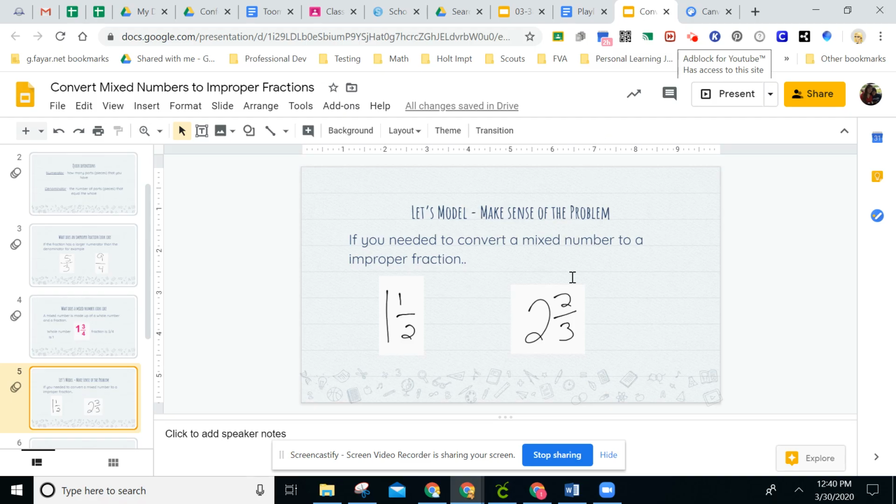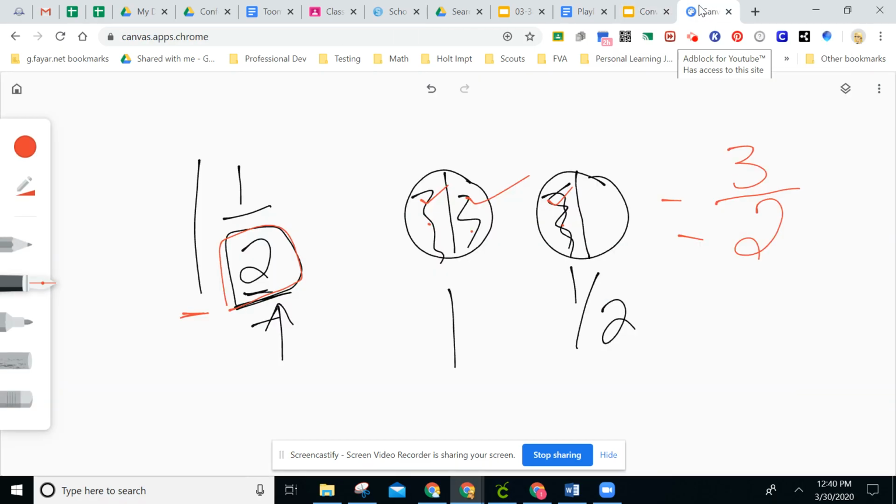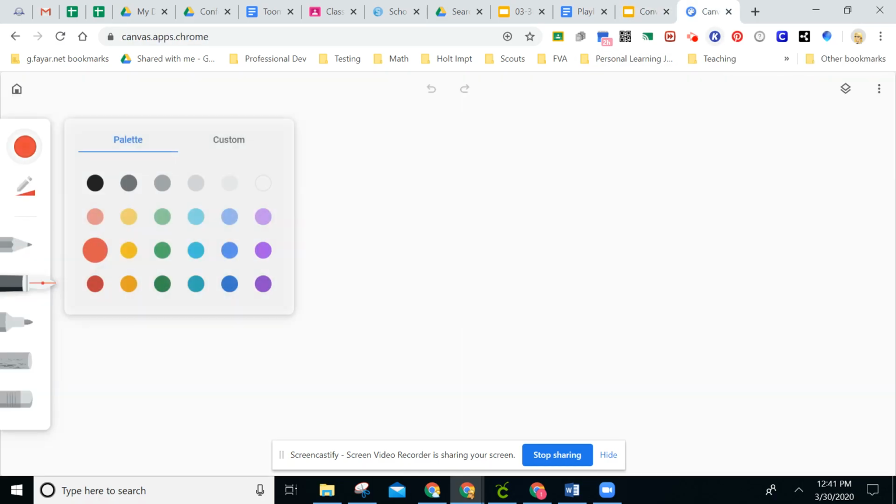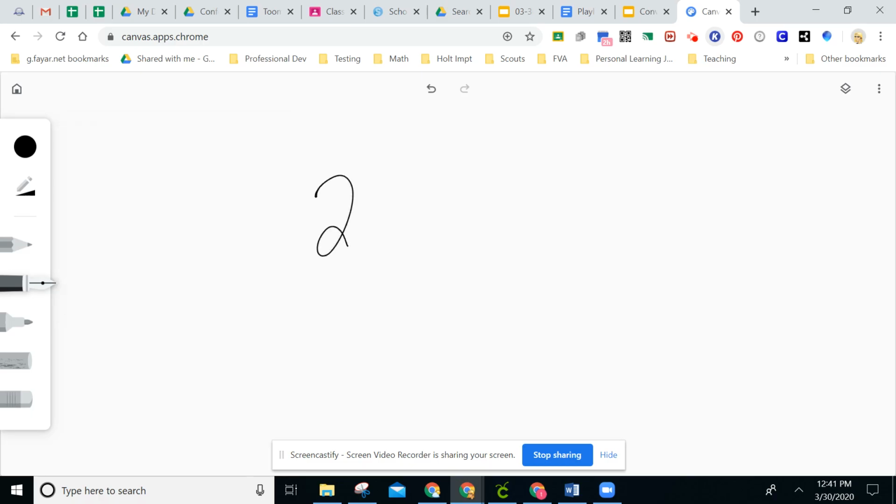Okay, so in this example right here, I have 2 2/3. So we're going to go back and we are going to just quickly get another new drawing. And once again, it was 2 2/3. So let me change that back to black. So 2 2/3. Okay, so there's my whole number. So I know I at least have 2 whole items, whatever it may be.